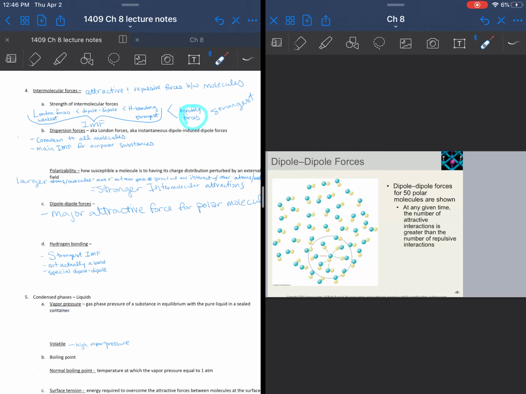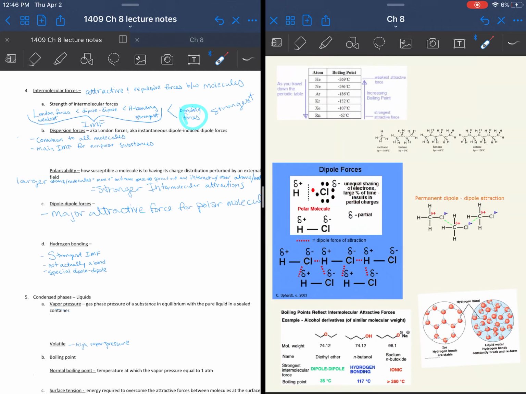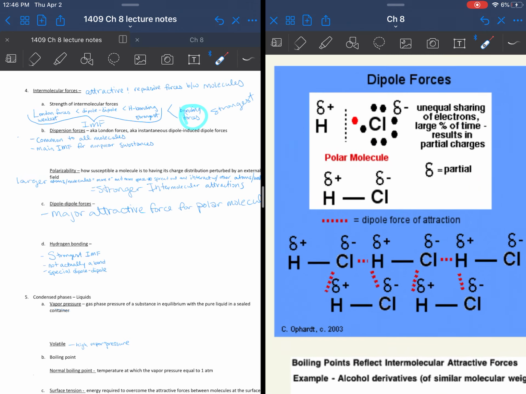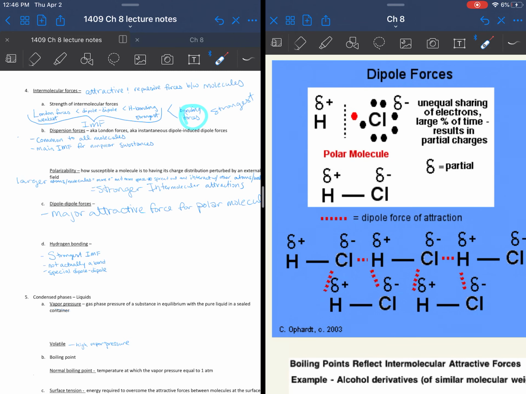Next, let's look at dipole forces. Dipole forces are going to be the major attractive force for polar molecules. So if we think about the HCl bond, we know the HCl bond is a polar bond. Very different electronegativities.